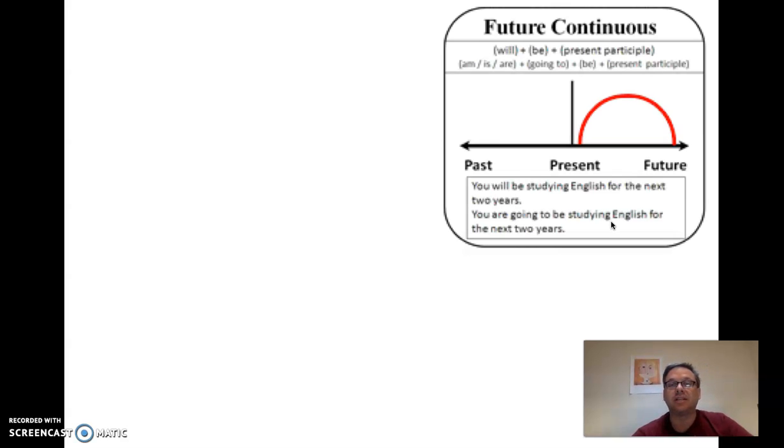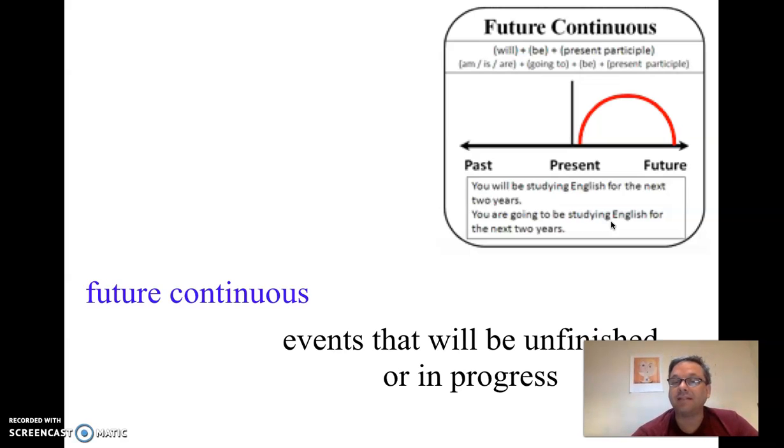This is the future continuous. And the trick with continuous, also called progressive sometimes, is you have to think of it not as one event, right? January, starting my math class, but something that goes on and on. The future continuous, events that will be unfinished or in progress.